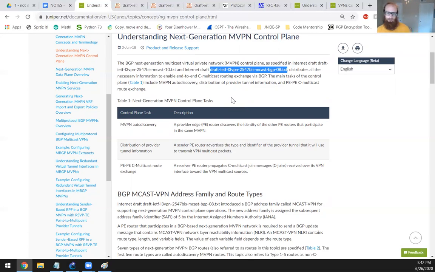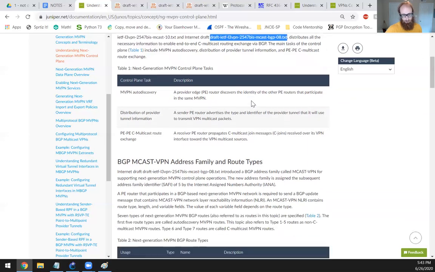And this is a sender PE router advertises the type and identifier of the provider tunnel that it will use to transmit VPN multicast packets. The last control plane task is CE-CE C-multicast route exchange. A receiver PE router propagates C-multicast join messages, C-joins, received over its VPN interface toward the VPN multicast sources.